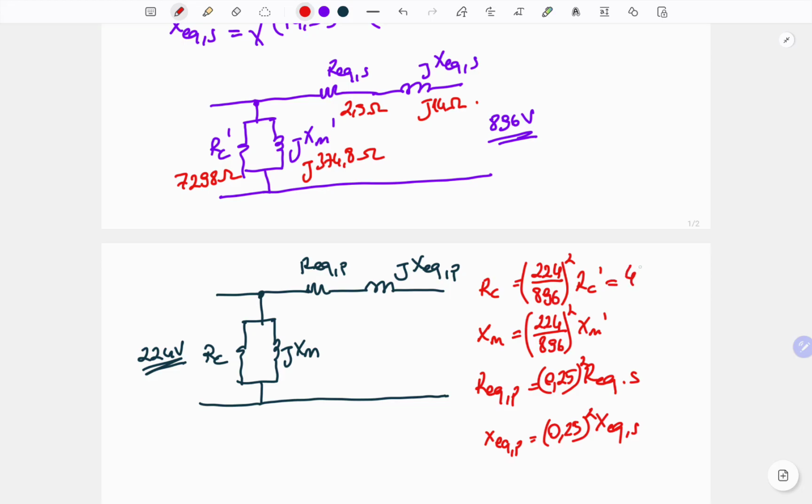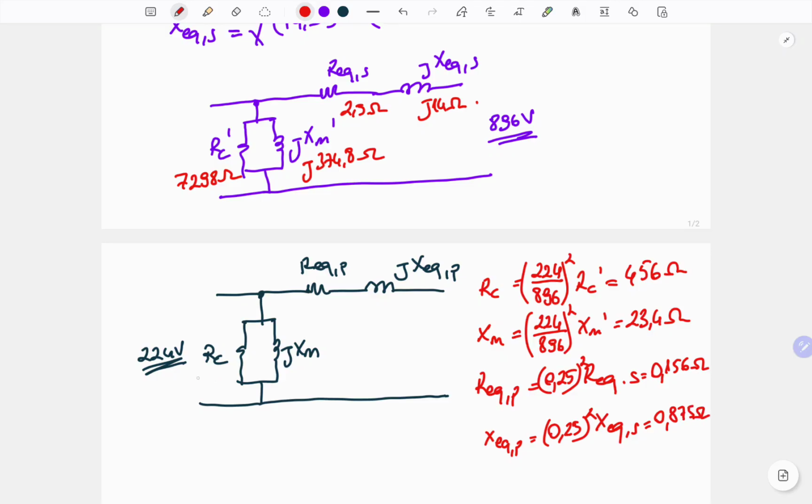The first one, which is RC for the primary side, will be 456 ohms, then 23.4 ohms, 0.156 ohms, and the last one will be 0.875 ohms.